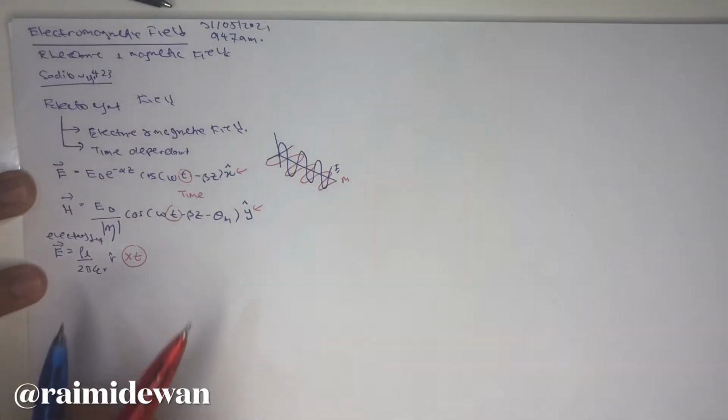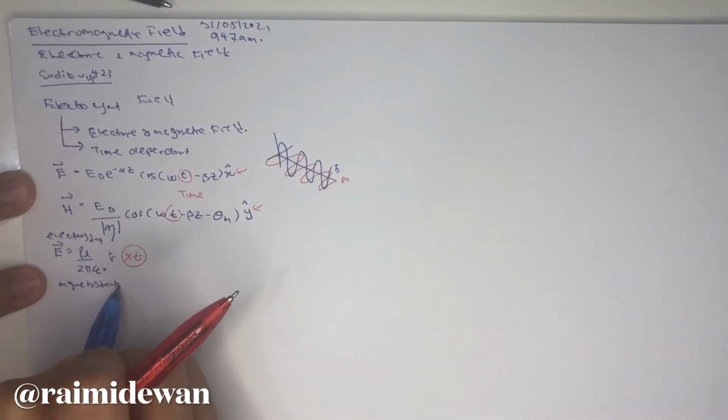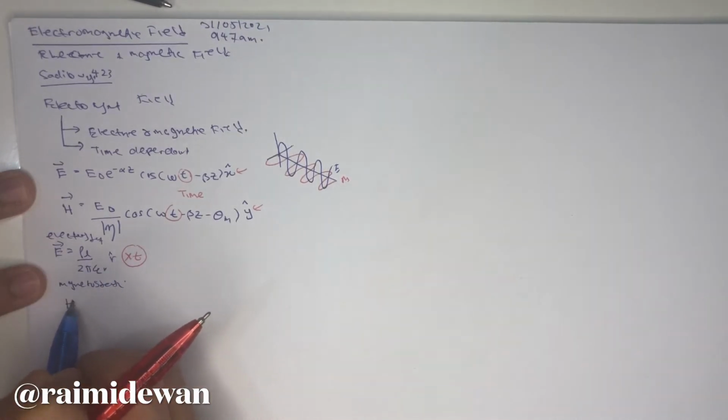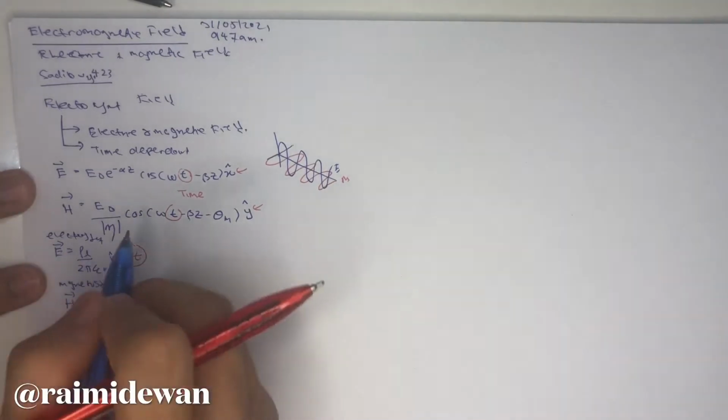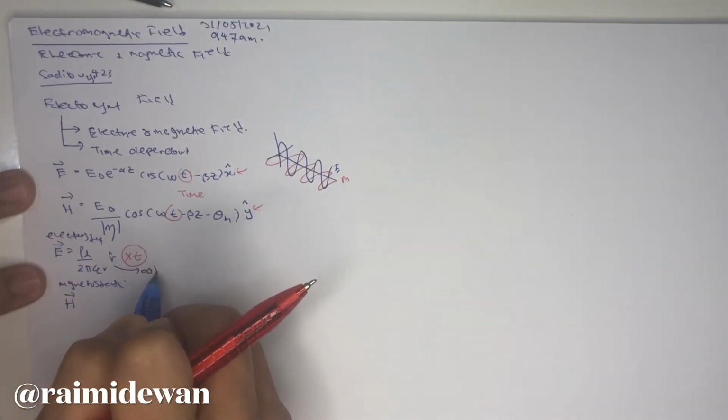And for example for the magnetostatic, let's say your H, this one you learned from your infinite line charge.